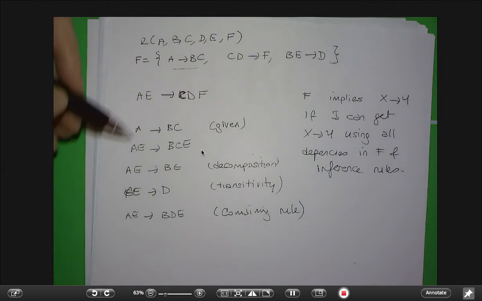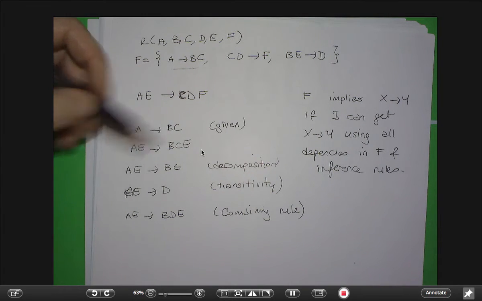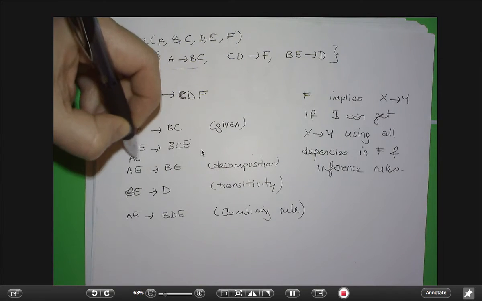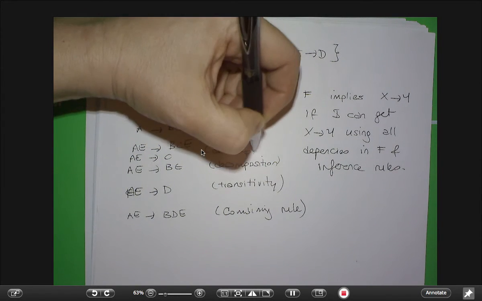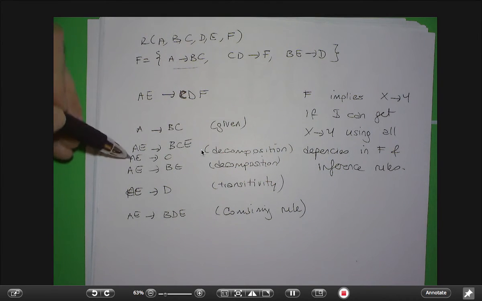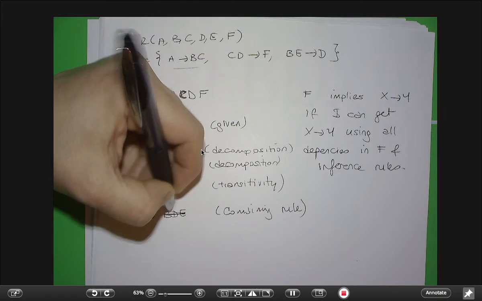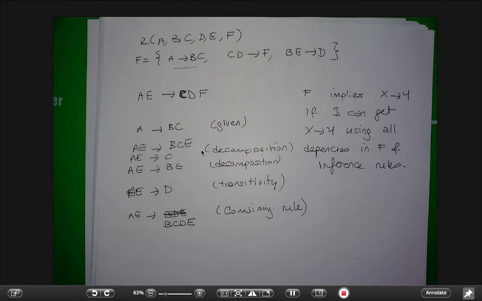Well, I had AE implies BCE, right? So in fact, that means AE implies C by also decomposition. And this I combine with these two to get actually BCDE. Okay? So I have C and D. Now I need to get F, right?